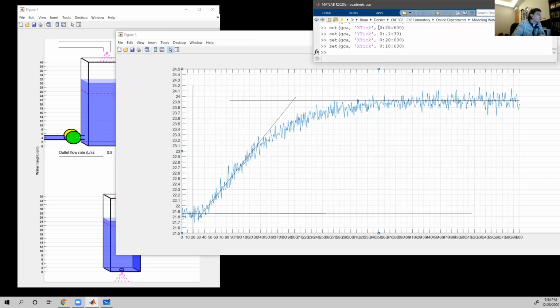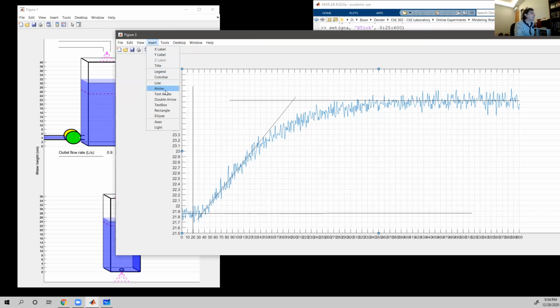So it's going to be, I think, 35. So at that time of 15 time units. So let me write somewhere here, 15 seconds of dead time. Then we are going to have another line.